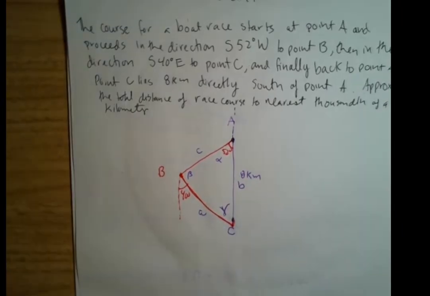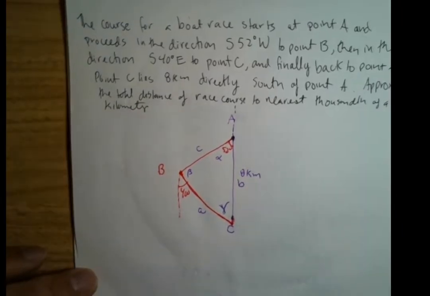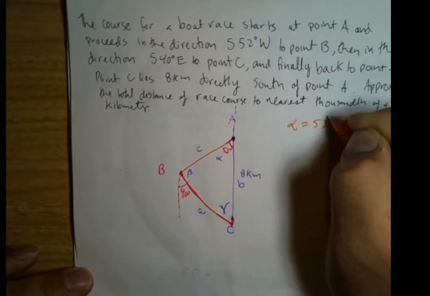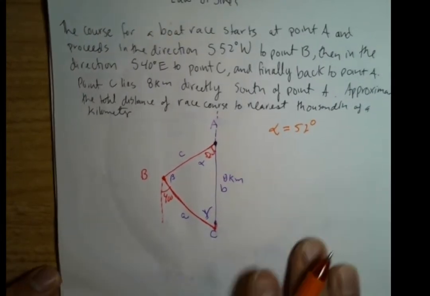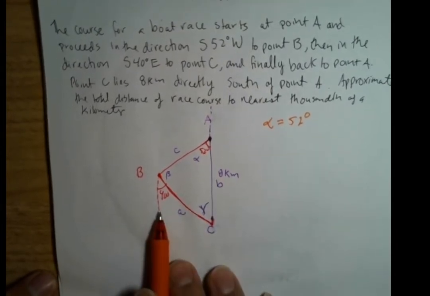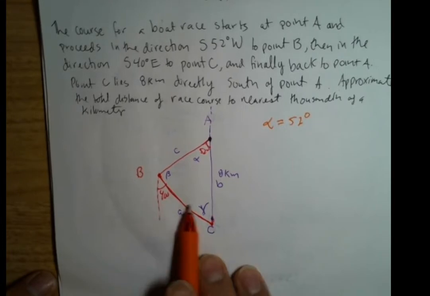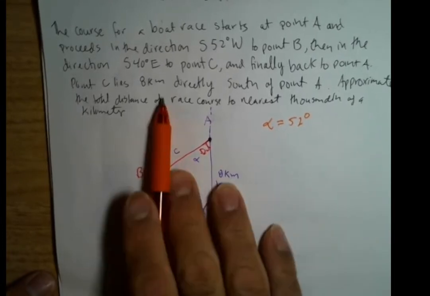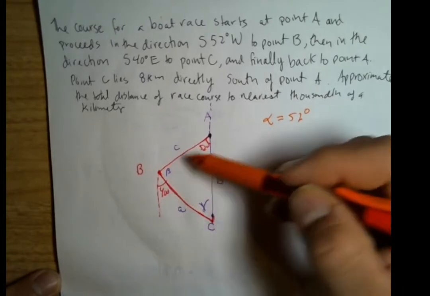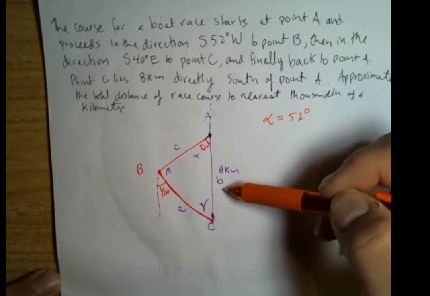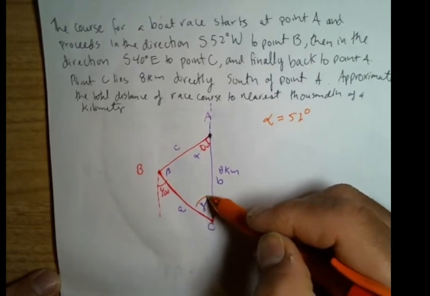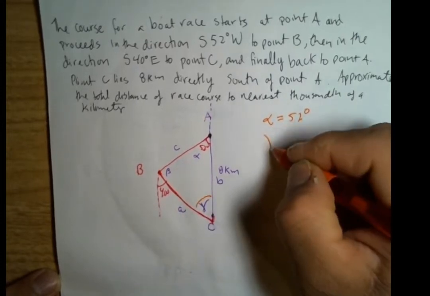Right away, what I'm given here, I know alpha is 52 degrees. That one is just straight from the diagram. Now, I do know another angle that I can find right away because of parallel lines. The ones that are heading vertical in the north-south direction, like this one here and this one right here, are parallel. So if this is 40 degrees, then this is also 40 degrees.